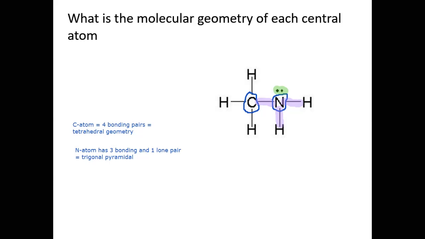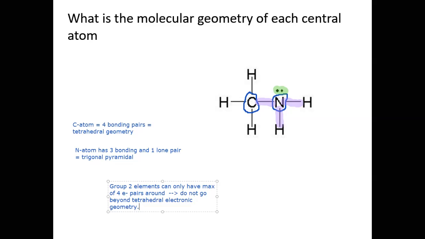And by the way, row 2 elements can only have a max of 4 electron pairs around them. So they don't go beyond tetrahedral electronic geometry.